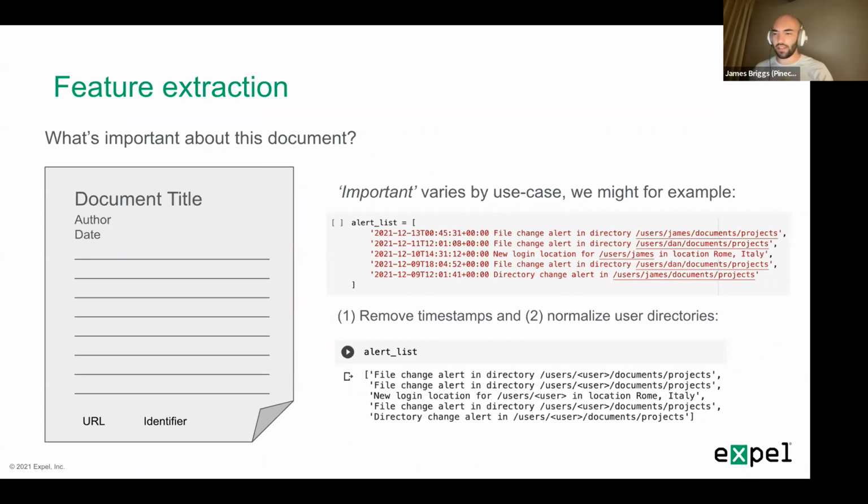Now, when you, as a person, read a document, you don't necessarily pay attention to every single detail in that document. There are certain parts of that document that are more important than others, based on whatever it is you're searching for. So you might go straight to the document title.